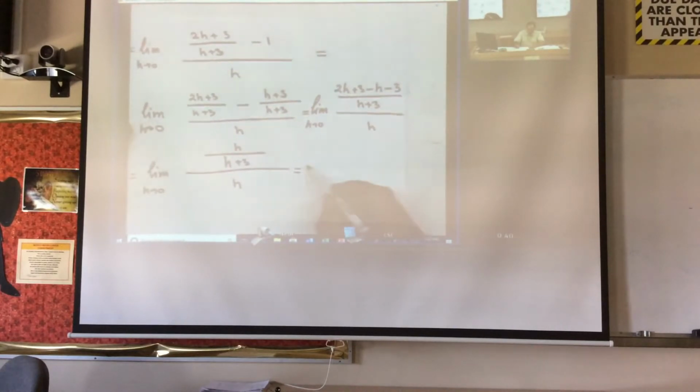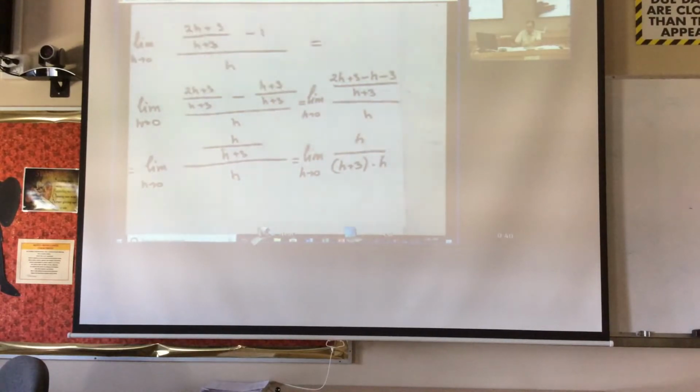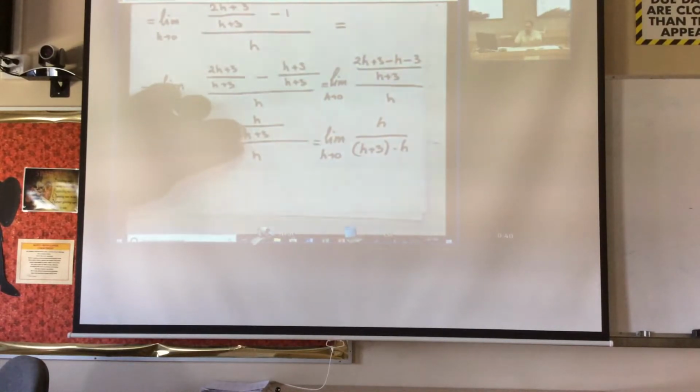So we'll have this. Again, you can skip this step if you see what the answer is, but I have h, that's this one. I have h plus 3, and times 1 over h. Can you see how we move from here to right here?